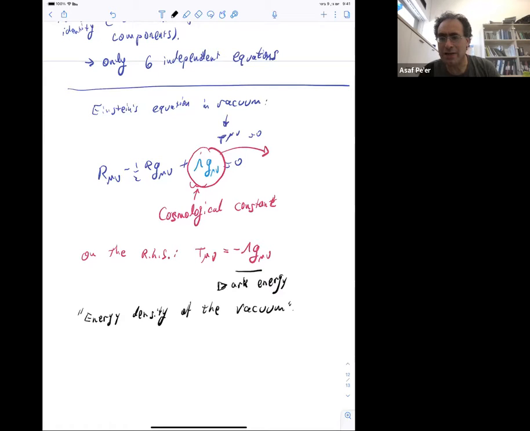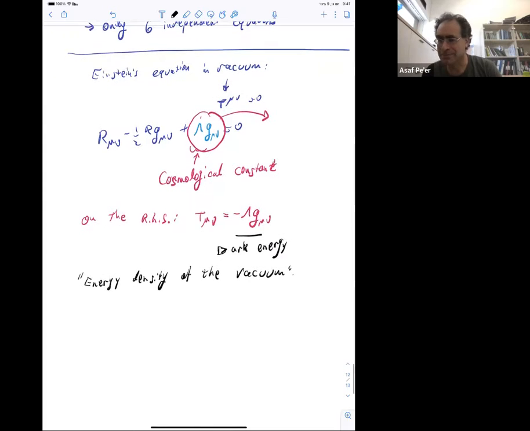So the answer is 120 orders of magnitude. 10 to the power 120. That's the difference between the theoretical prediction and the observations.